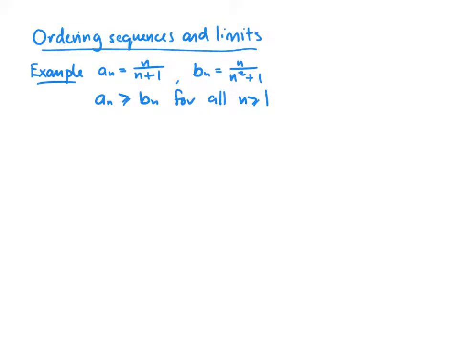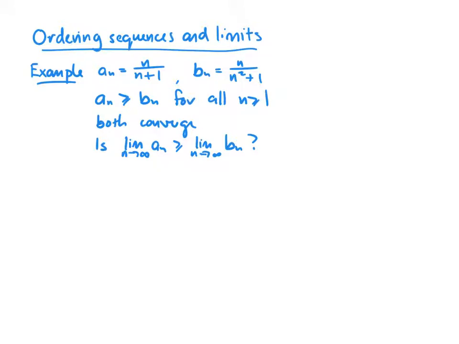And so these both converge. So both converge is the limit as n goes to infinity of a sub n greater than or equal to the limit as n goes to infinity of b sub n. Right, so if we had this ordering on the terms, then do the limits have the same ordering? Do they compare in the same way?